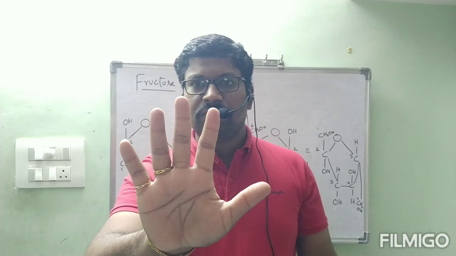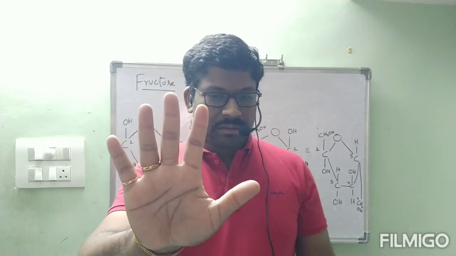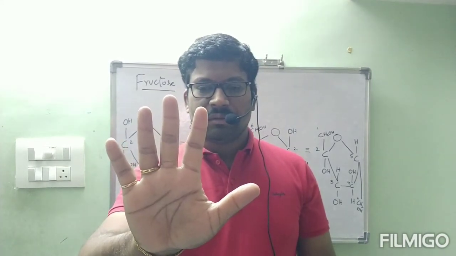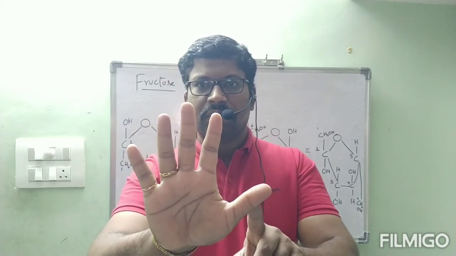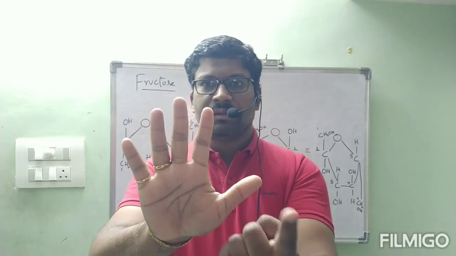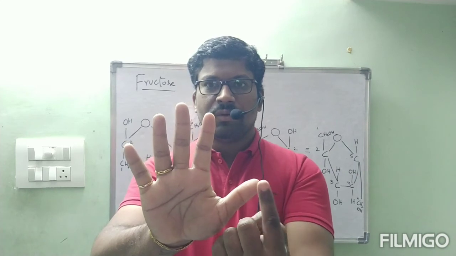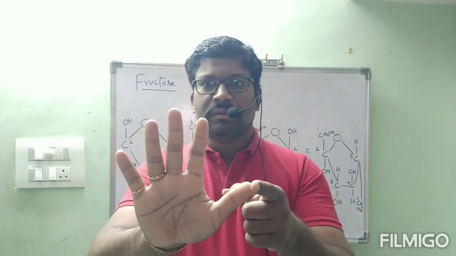Now if I tell you to draw my hand, you will start this thumb on the right side. When I draw the hand, I will draw the thumb on the left side. Now on the thumb we have the OH group like this. For you, OH is above the plane, but for me, OH is below the plane.